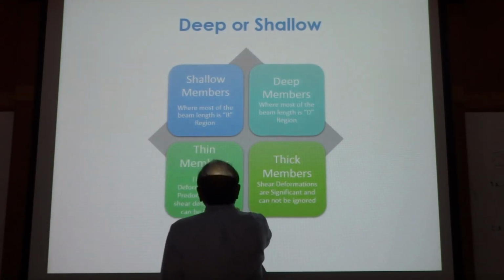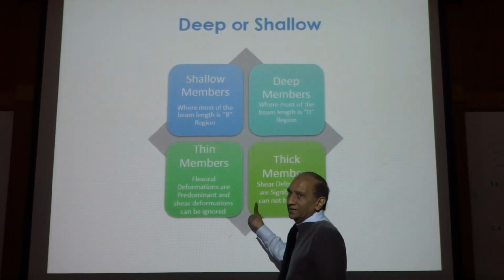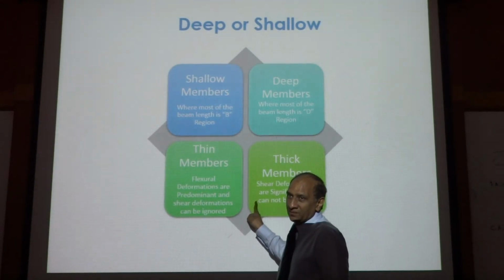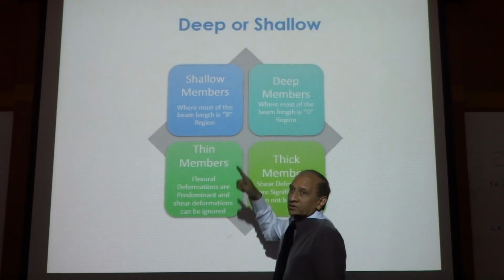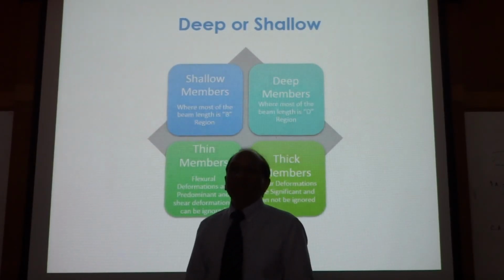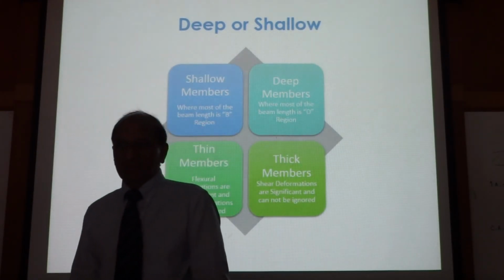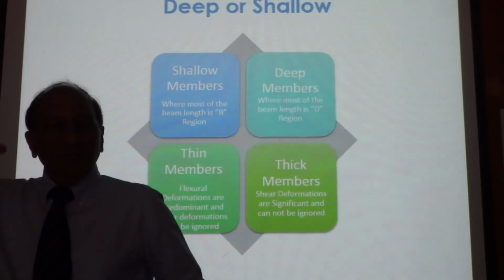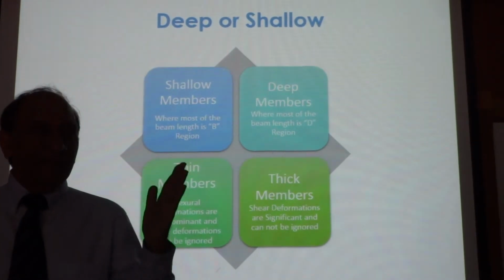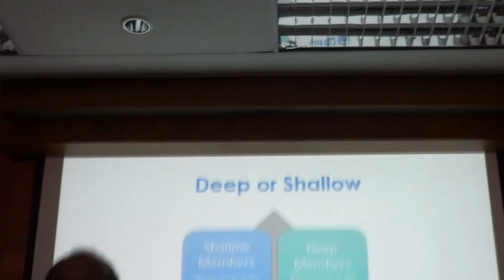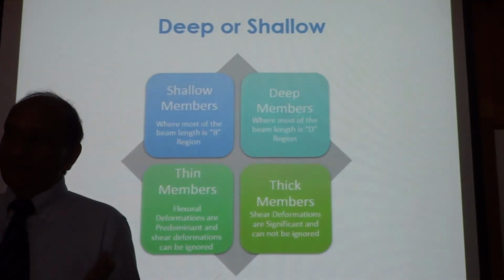This is applicable for the finite element analysis formulation of the elastic deformation theory. This is useful for the post-cracking mechanism or post-cracking strength, right? Although a deep beam may be a thick beam, but not necessarily. Rules are different.